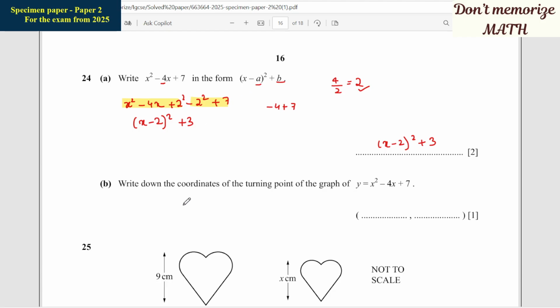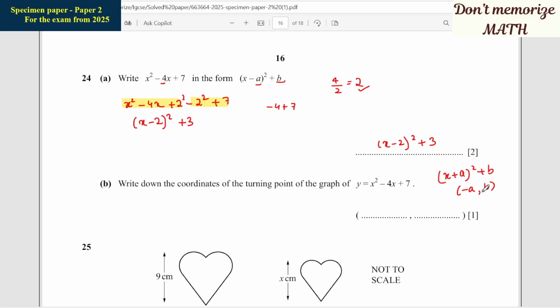Okay. Write down the coordinates of the turning point of the graph y is equal to x square minus 4x plus 7. Okay. So a very important thing. If you have written the given quadratic expression in completed square form, for example, if you have the completed square form x plus a whole square plus b, the turning point will be minus a comma b.